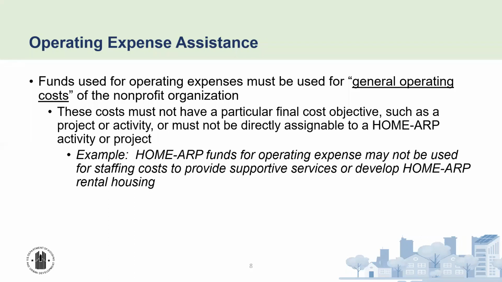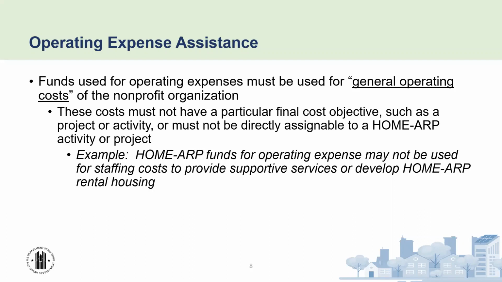For example, HOME-ARP funds for operating expenses may not be used for staffing costs to provide supportive services under ARP, or administer a TBRA program or develop ARP rental housing. Those costs would be considered project delivery costs or soft costs.